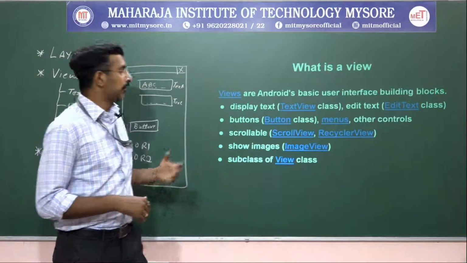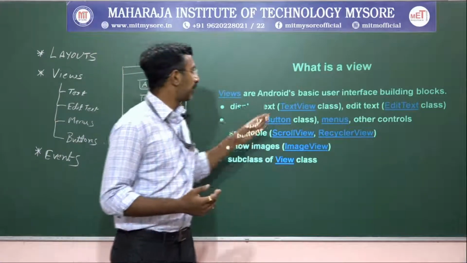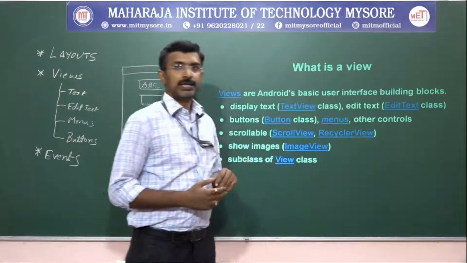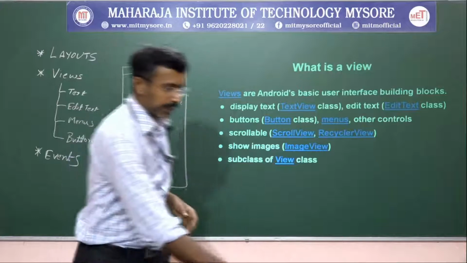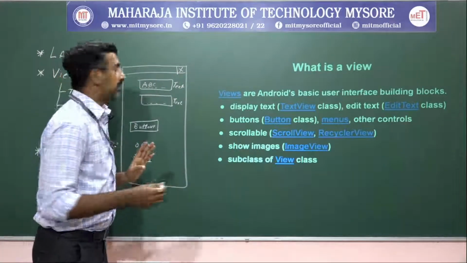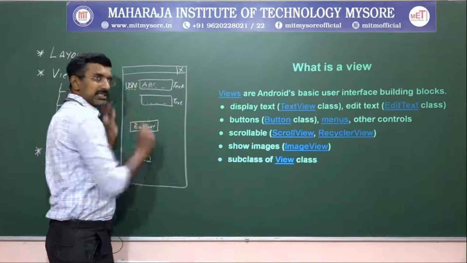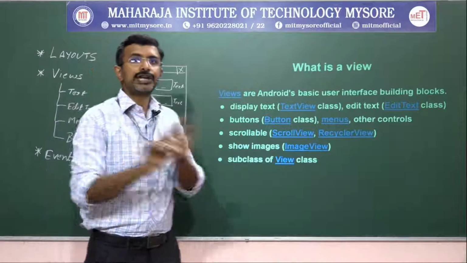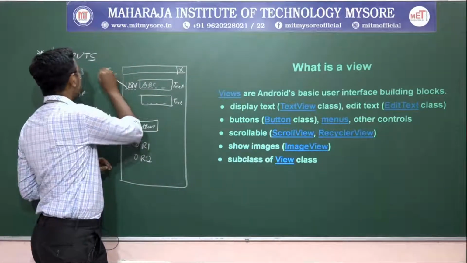You come across display text, plain text, edit text. Text view is simple. Whatever we just display as static is a text view. Say USN: this is static, this is a text. If it is not editable, I call it a text view.